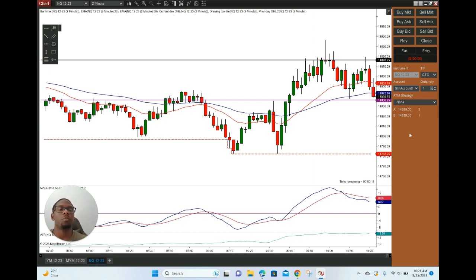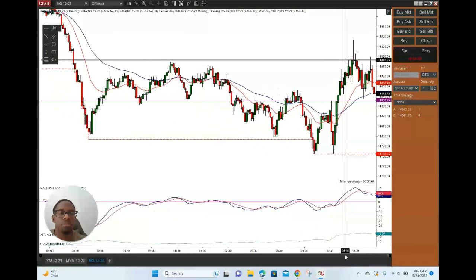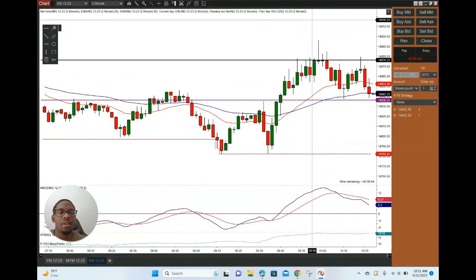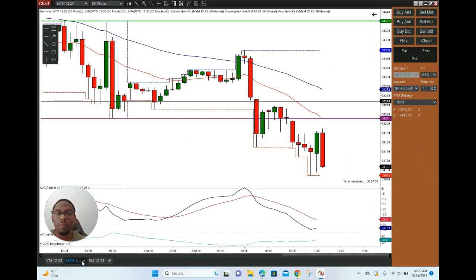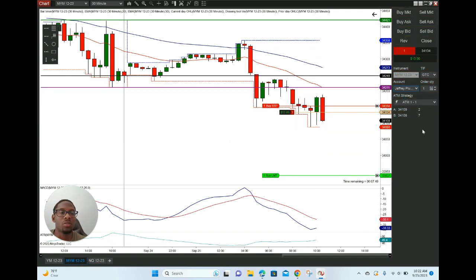So the NASDAQ looks like it wants to possibly start coming down. You got a high here, low high here. But, you know, let's see. Are we still okay?